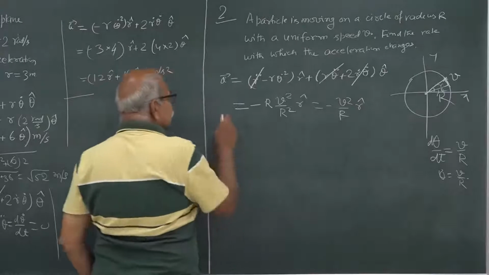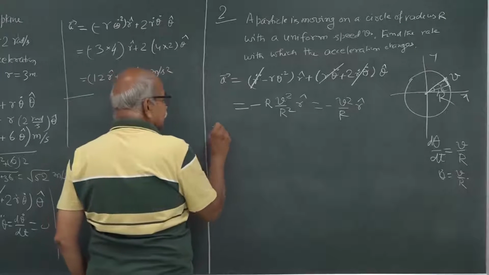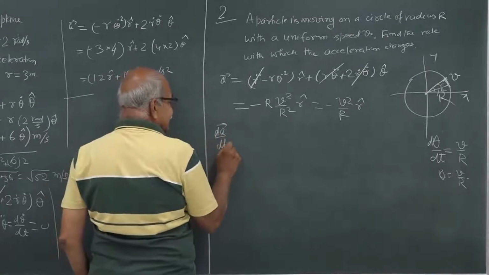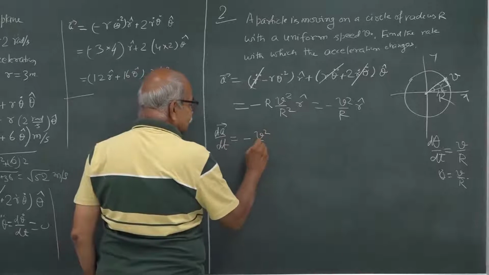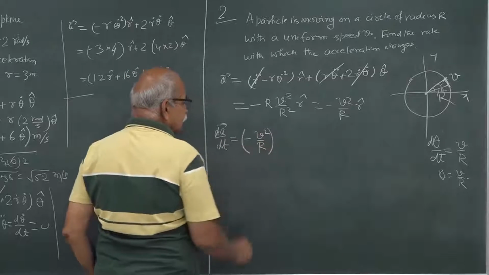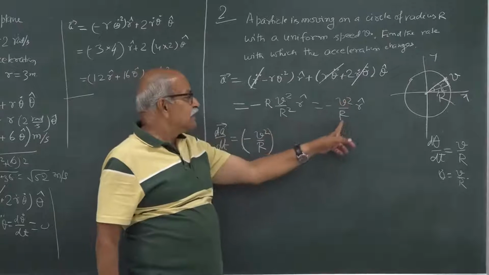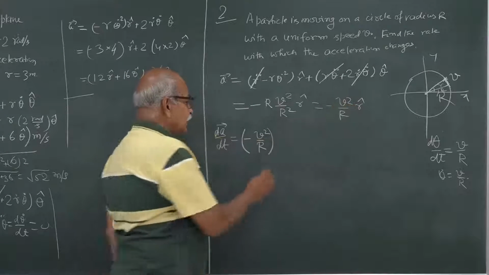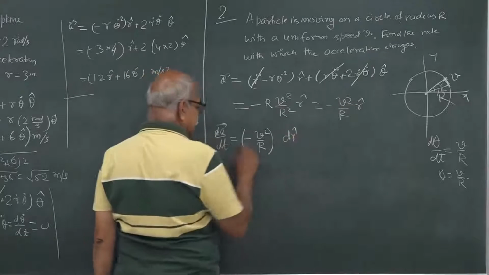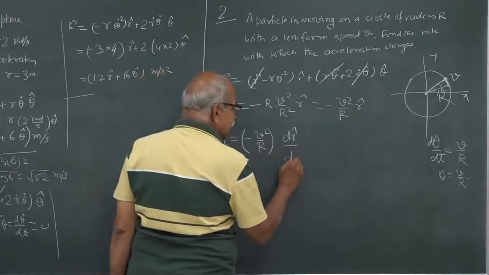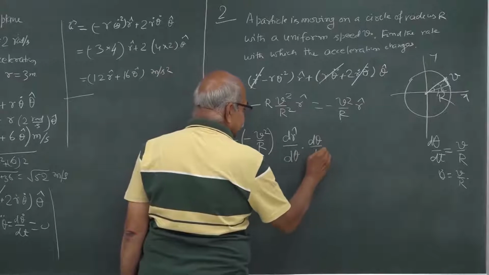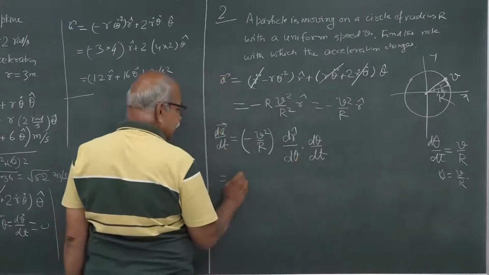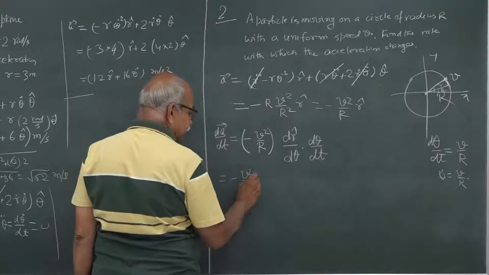Now comes the rate of change of acceleration, dA dt. Minus v square by r is constant, r cap. So, this is dr cap dt, which is dr cap d theta and then d theta dt, times minus v square by r.